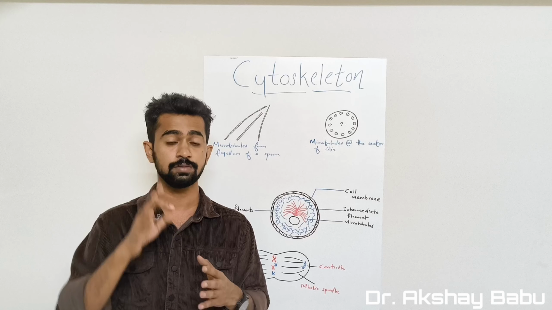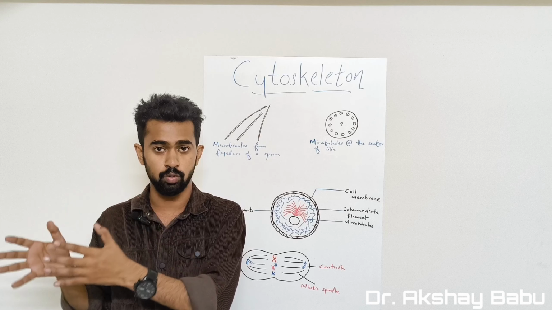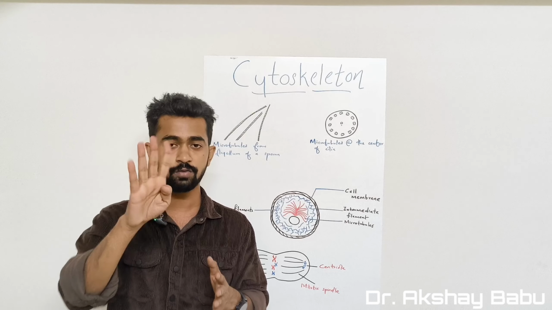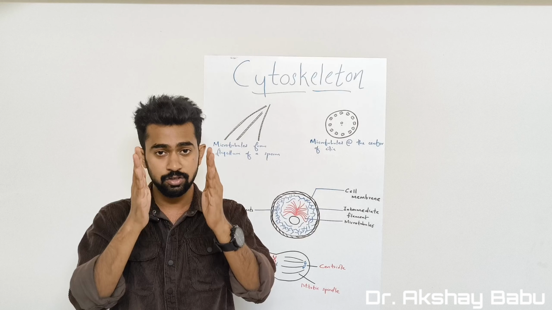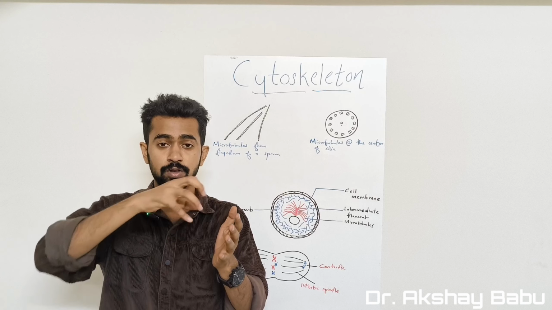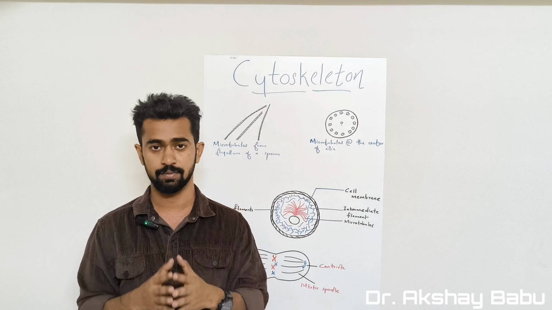The third function is that it allows the cells to move. And the fourth function is that it provides a track-like system which allows the cell organelles to move throughout the cytoplasm of the cell.